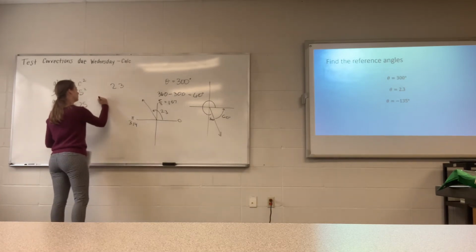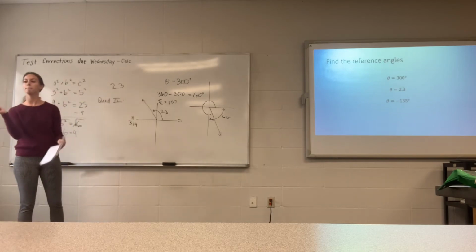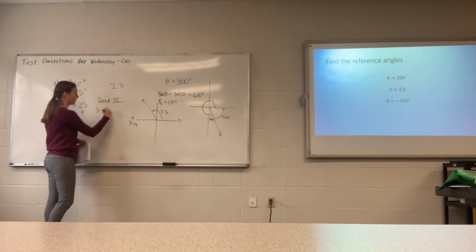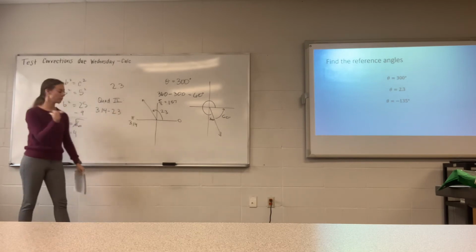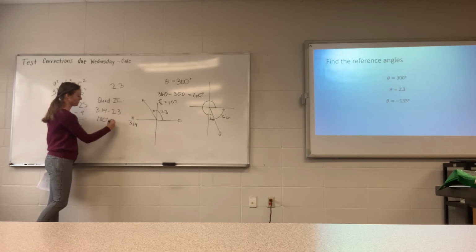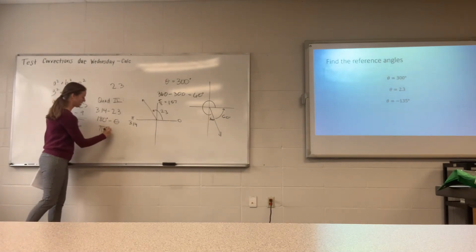It would be 3.14 minus x. Yeah, 3.14 minus my 2.3, because usually the formula was 180 degrees minus my angle, or pi minus my angle.